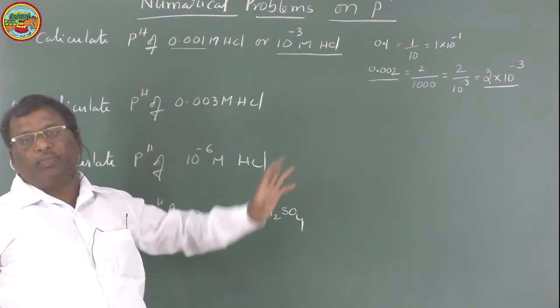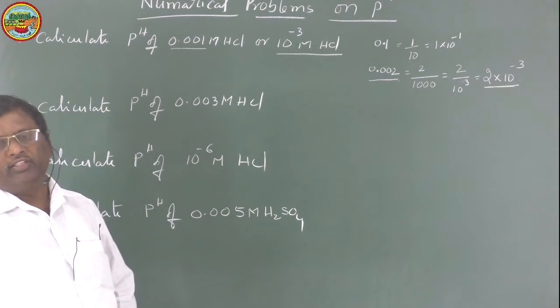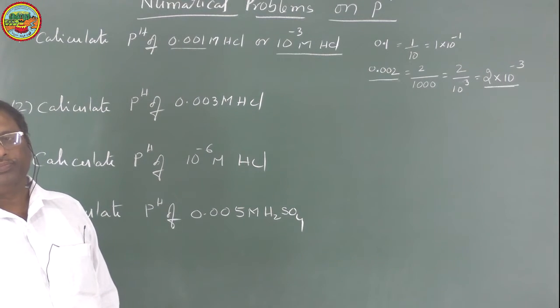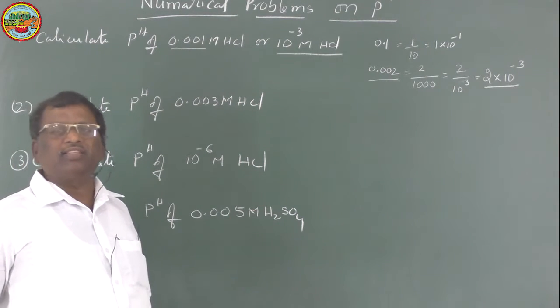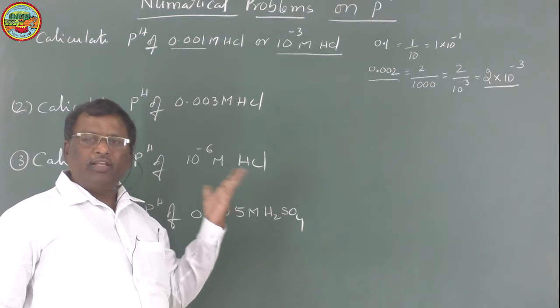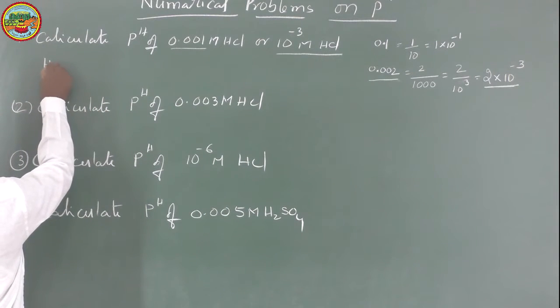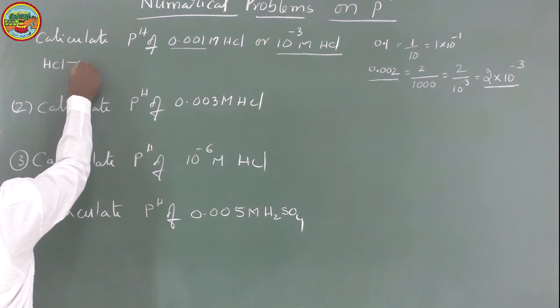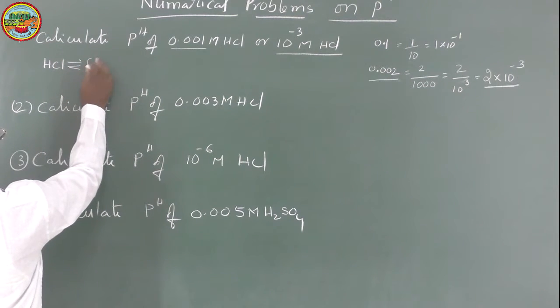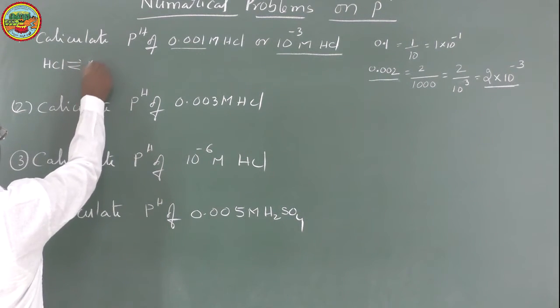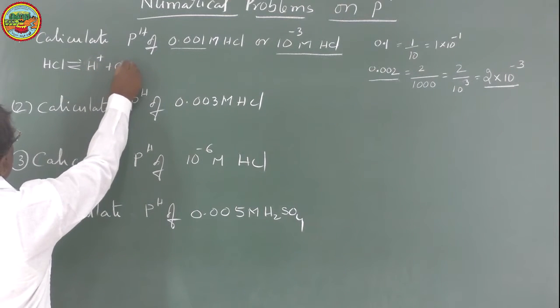If anything is multiplied by 1, its value is not going to change. So 10 to the power minus 3 is nothing but 1 into 10 to the power minus 3. Now here, HCl is a strong acid, so it completely ionizes to give H plus ions and Cl minus ions.